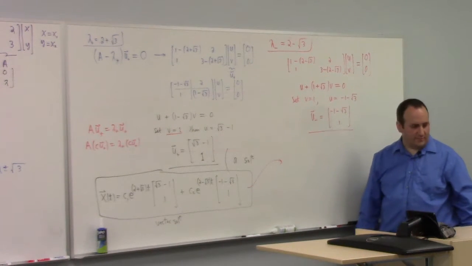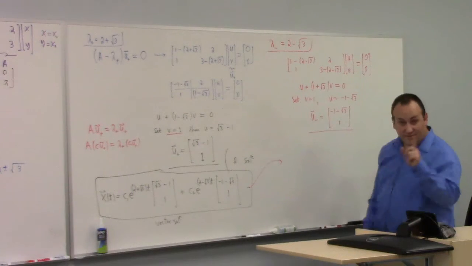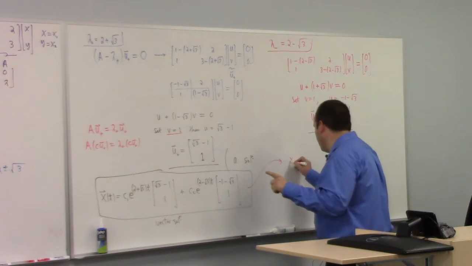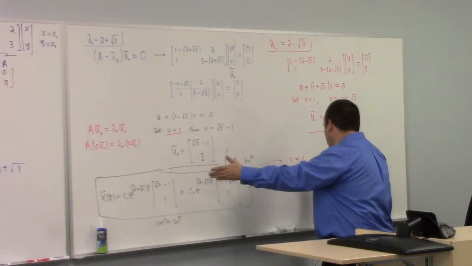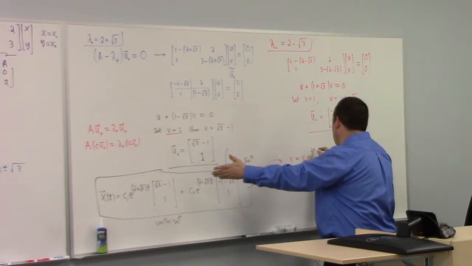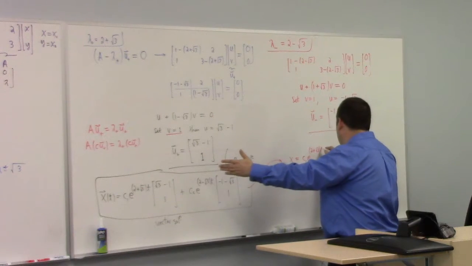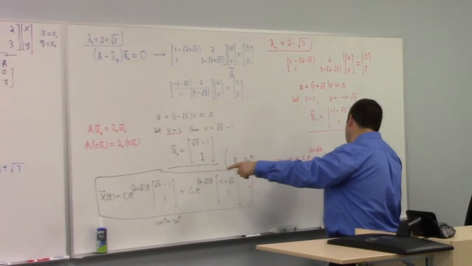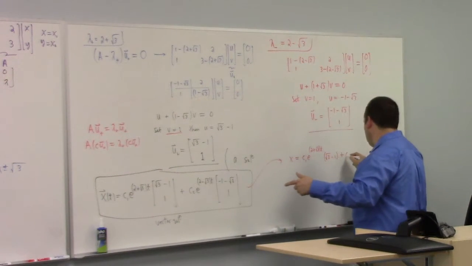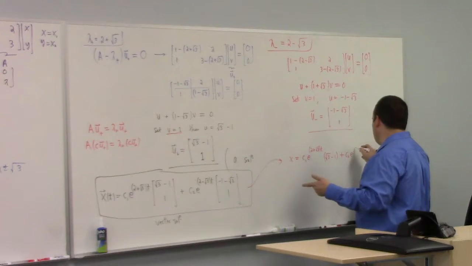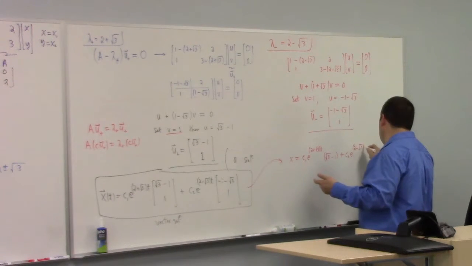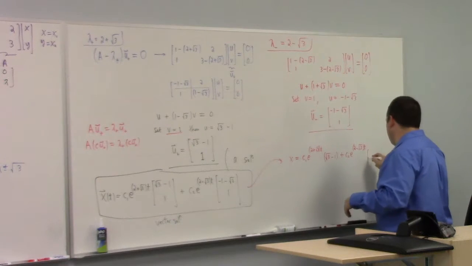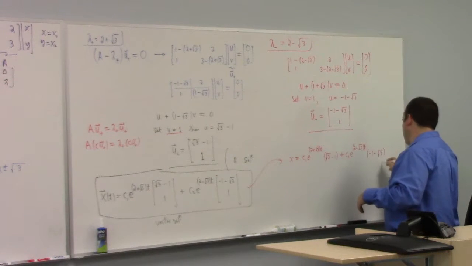I just lost my cap. Oh well. Okay, so the scalar solutions would just be x equals c1 e to the 2 plus root 3 t times root 3 minus 1, plus c2 e to the 2 minus root 3 t times minus 1 minus root 3.